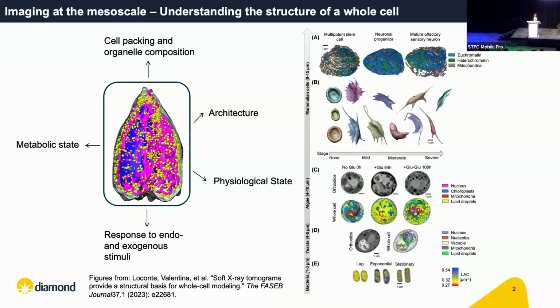This can give information about the metabolic state of the cell, but at the same time also the response to different stimuli that are applied to the cell itself. We are trying to do this across multiple different samples of cells, starting from bacteria all the way to mammalian cells.